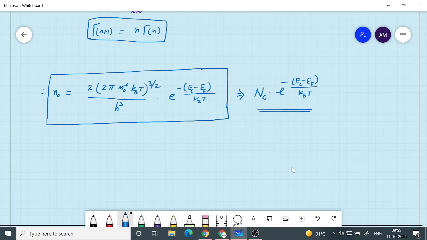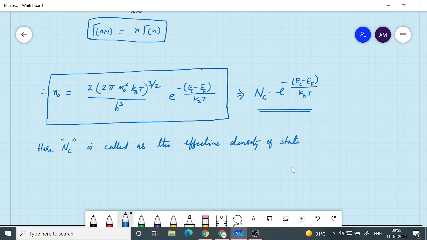It's also called the effective density of states. Here NC is called the effective density of states.